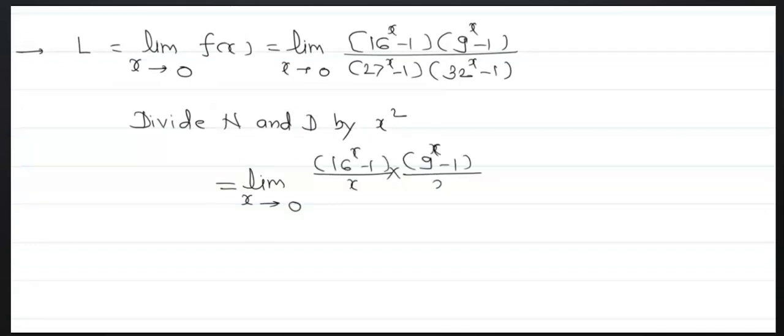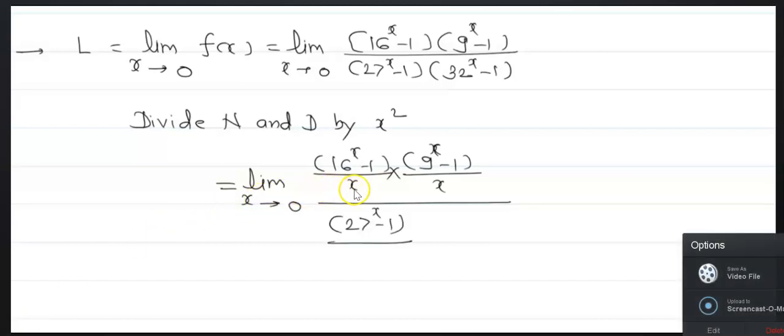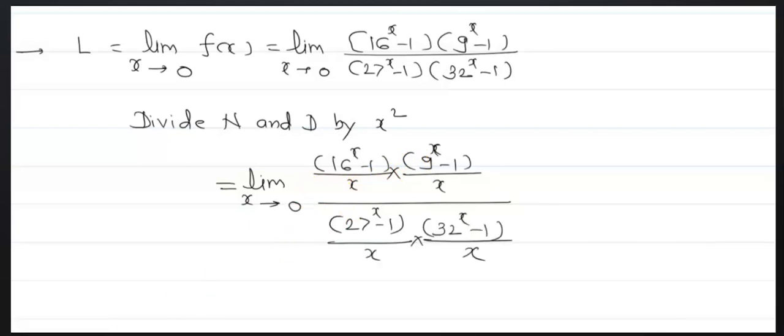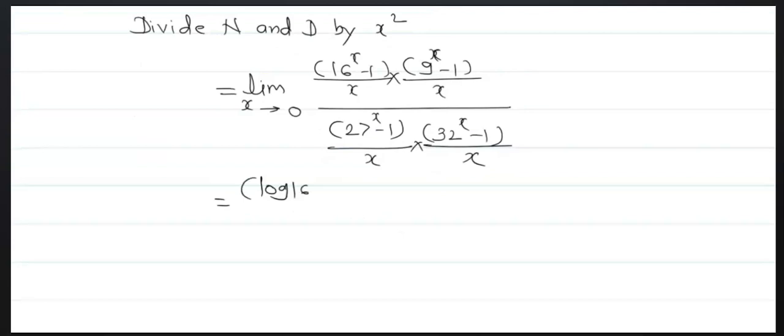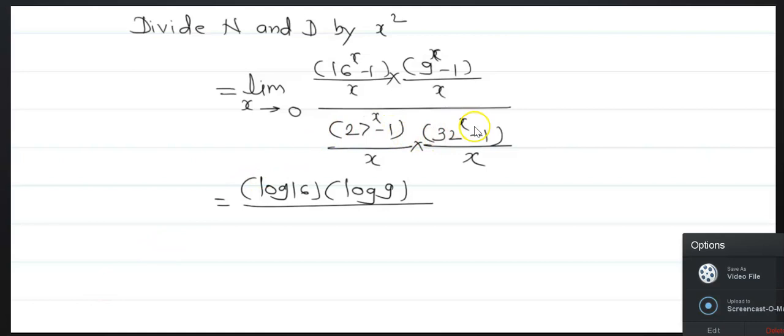Then you will get the limit as x tends to 0 of 16 raised to x minus 1 upon x, into 9 raised to x minus 1 upon x, upon 27 raised to x minus 1 upon x, into 32 raised to x minus 1 upon x. The value of this limit is log of 16, log of 9, upon log of 27, log of 32.